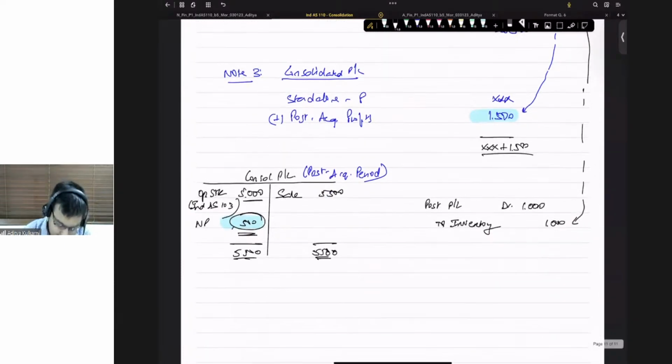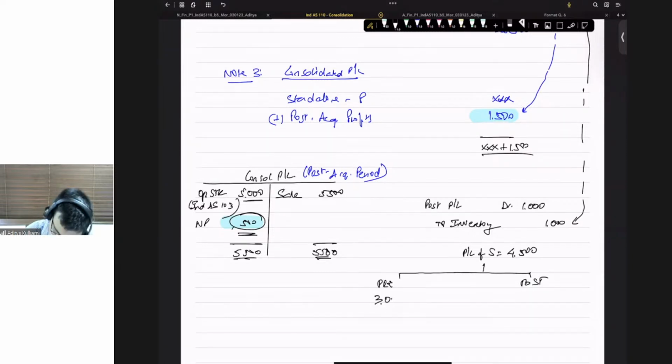Okay, so when I pass this, the P&L of S, which was appearing at 4,500, will now be split like this. Pre-acquisition, post-acquisition. This was 3,000, I agree. This is 1,500, I agree. There is a positive fair value adjustment of 1,000.